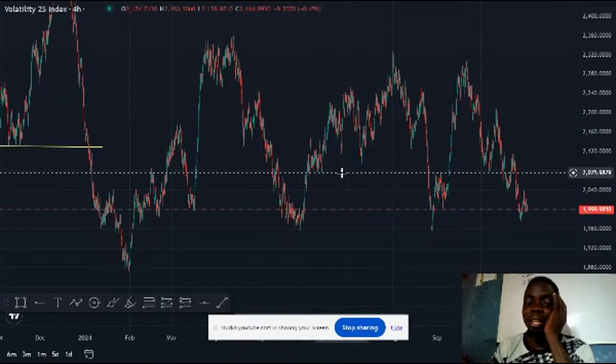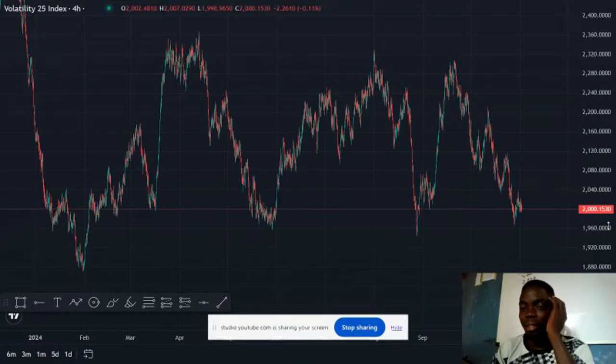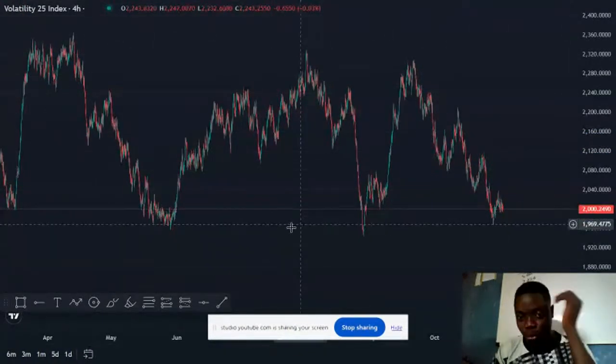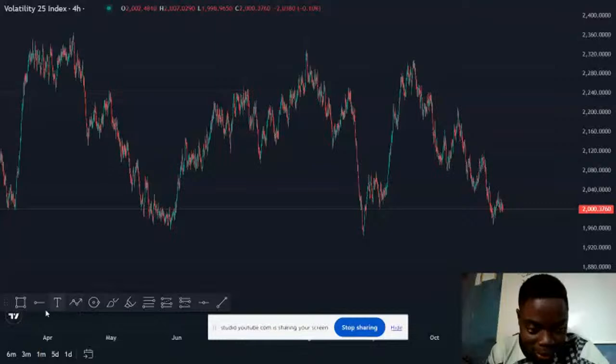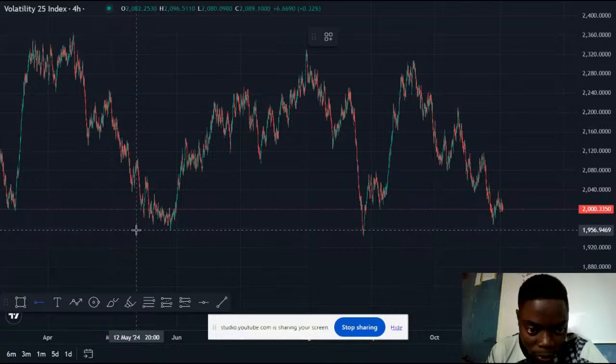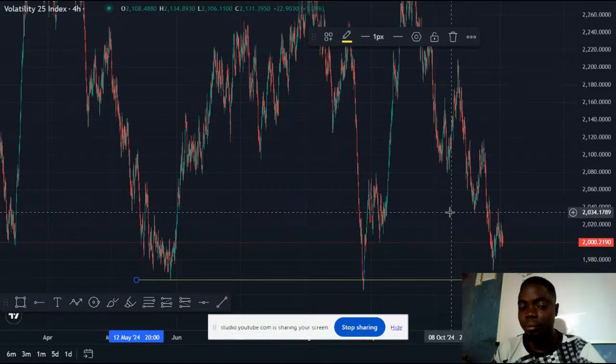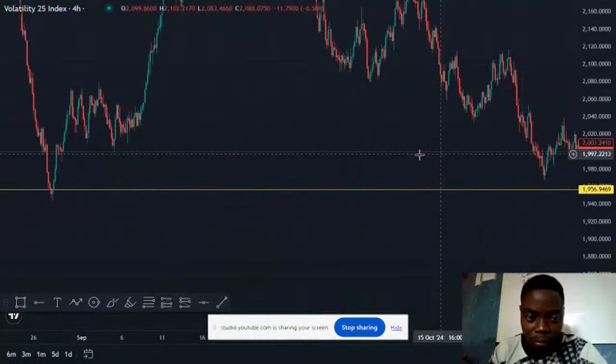You see why it's good to do your top down analysis? I'm seeing a break of structure. This guy was taken out with the body of the candle.